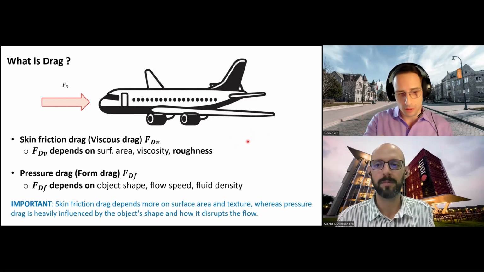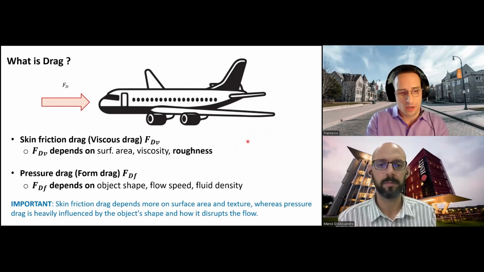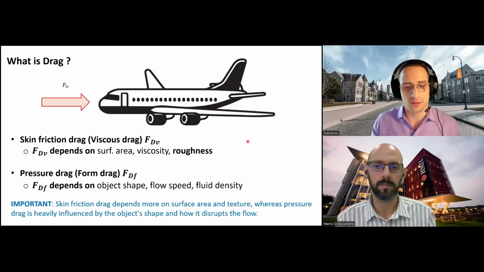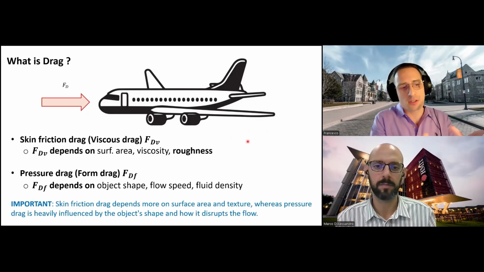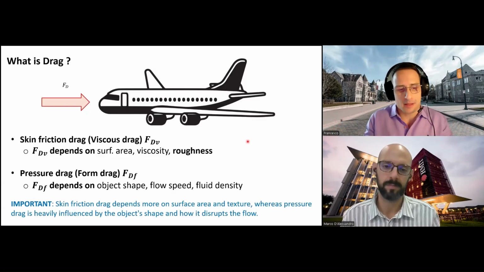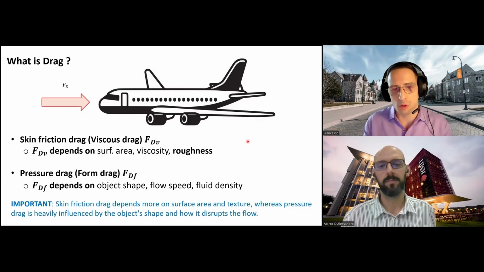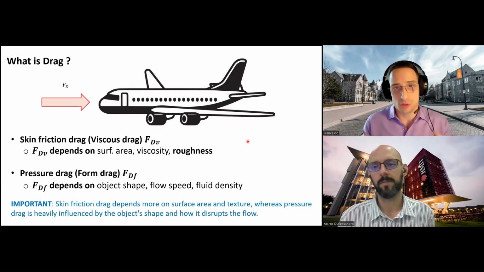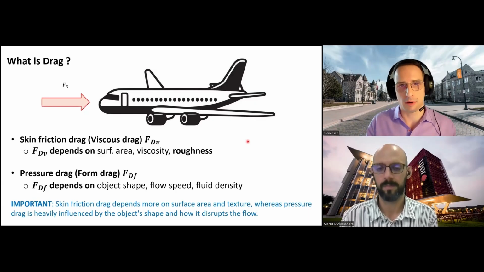Precisely, and I would like to just highlight, as is said at the bottom of this slide, that the viscous drag has more to do with the surface texture, but the form drag has more to do with how the object disrupts the flow around it.